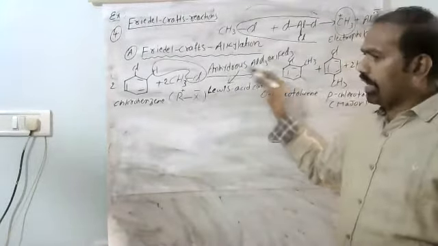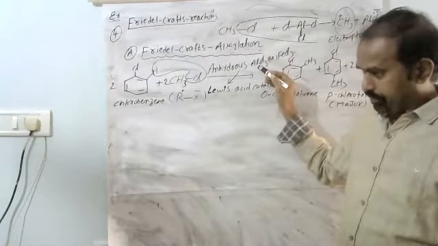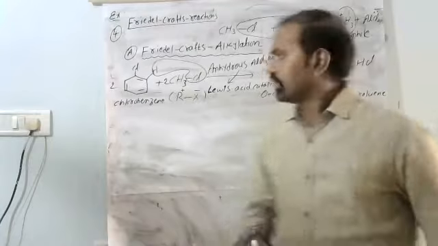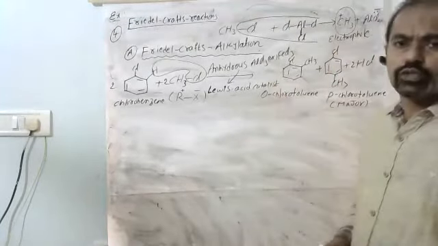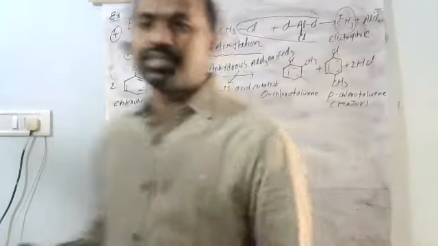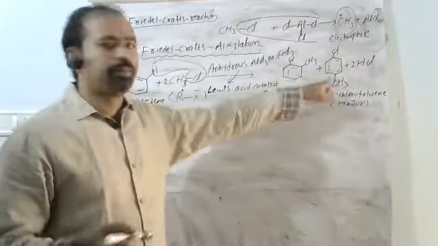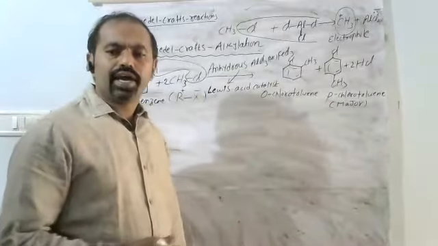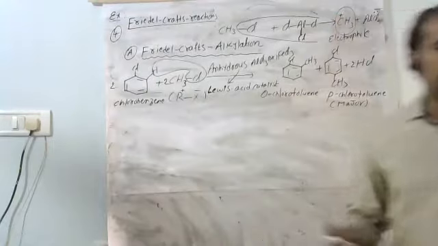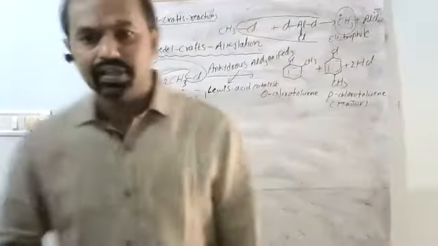Here anhydrous AlCl3 acts as the Lewis acid catalyst. In such a process, the incoming electrophile R plus substitutes at the ortho and para positions. We get two products. Out of the two, the para product is the major product. That is called Friedel-Crafts alkylation.